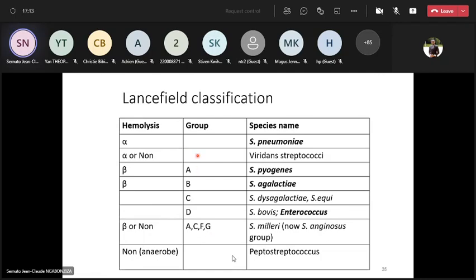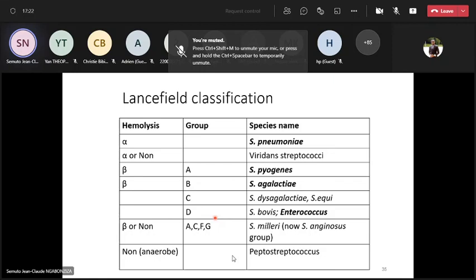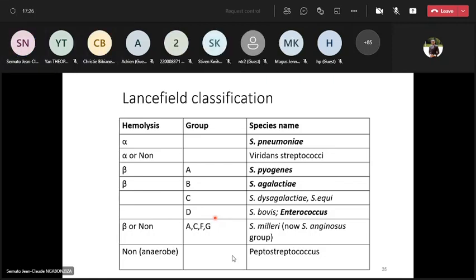So the grouping here is based on the cell wall component of this bacteria. Meaning that all different antigens cause agglutination. Yes, meaning that in the cell wall of streptococci, there are these C substances that allow this bacteria to induce antibodies that correspond to this antigen, to the C substance antigen.